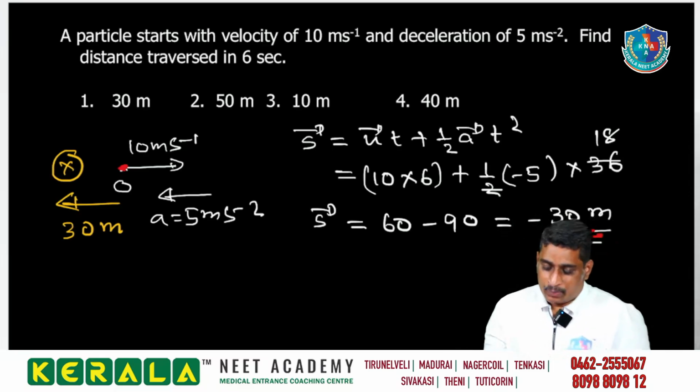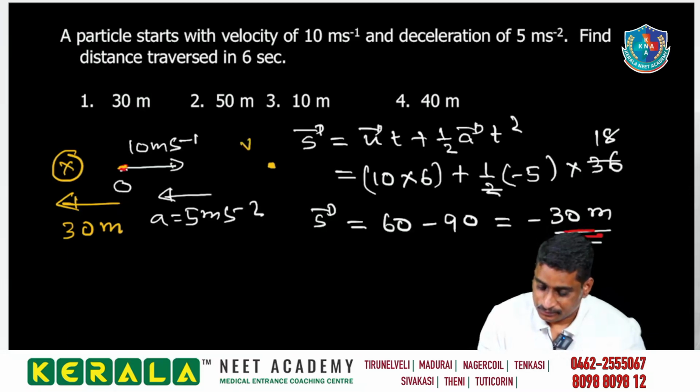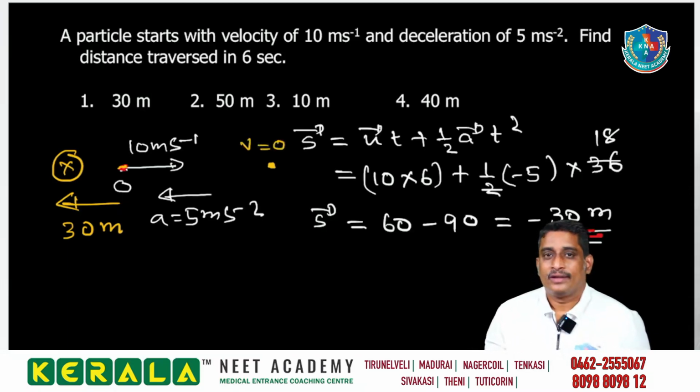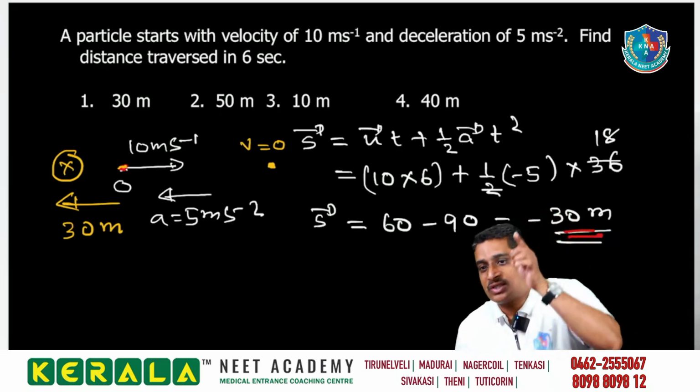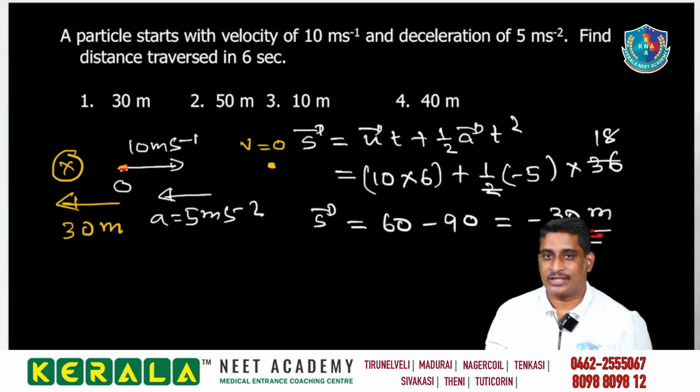Here, the particle has started from point O with a speed of 10 meters per second. After traveling through some distance, it will come to rest. If we know that distance, then we can calculate the total distance covered by the particle.